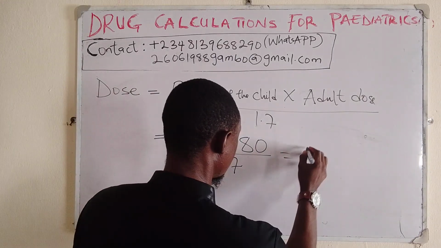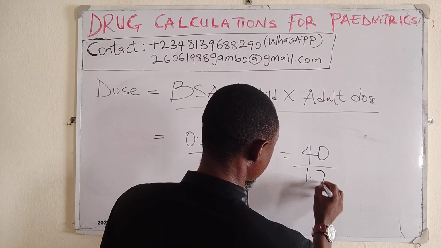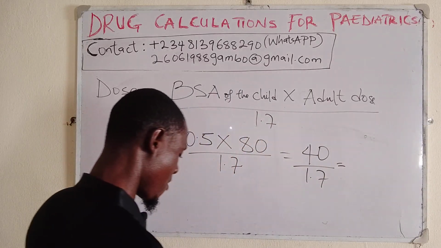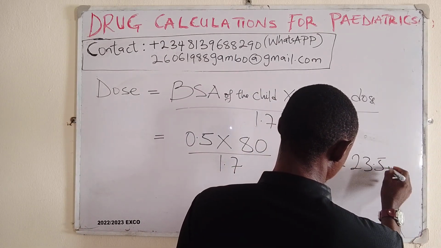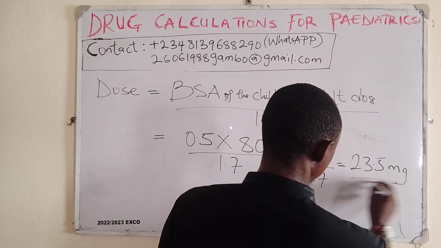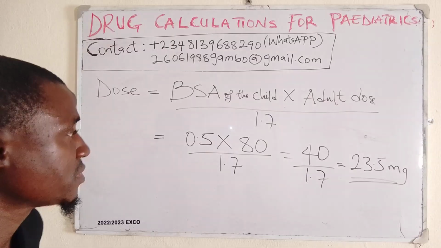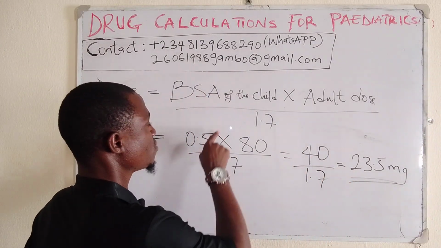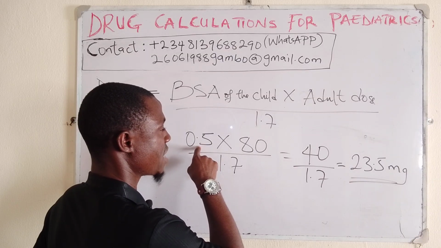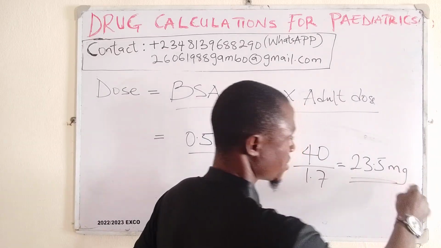Now, this will give us 40 over 1.7. So at the end of it all, we have 23.5 milligram. So the dose of gentamicin injection that you are going to give to a child whose body surface area is 0.5 meters squared is going to be 23.5 milligram.